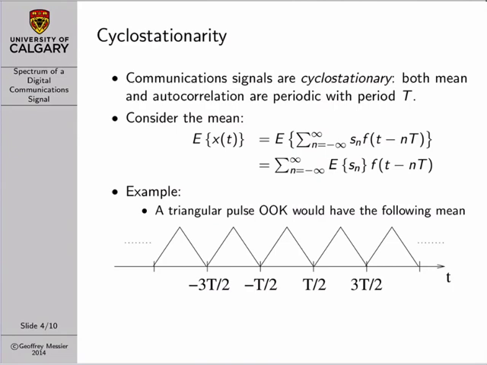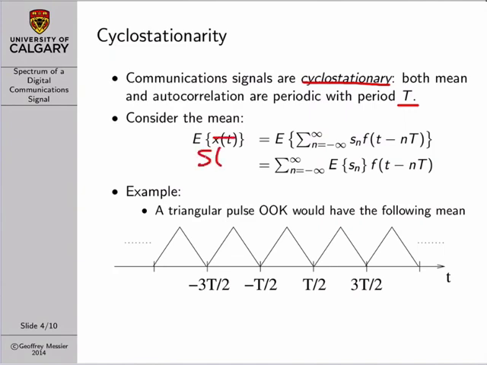And so cyclostationarity is most easily illustrated by looking at the mean. The autocorrelation function is a little bit more complex, but the mean is relatively straightforward. And so again, a cyclostationary random signal is one where both the mean and autocorrelation functions are periodic with a period of T, which is equal to the symbol time. Now, if we just consider the mean, we take the expected value of our transmitted signal.